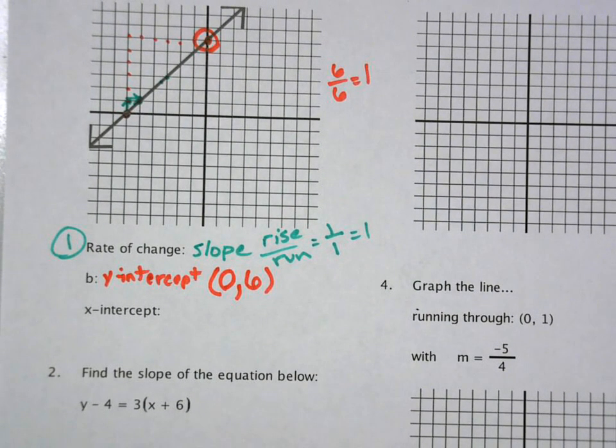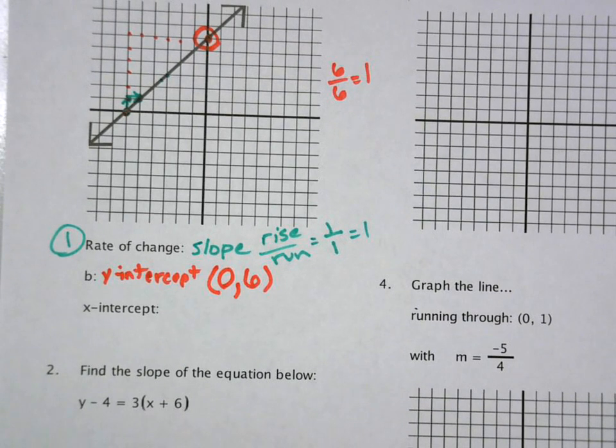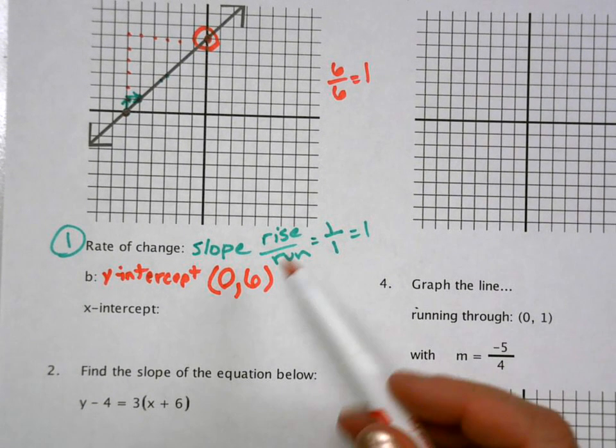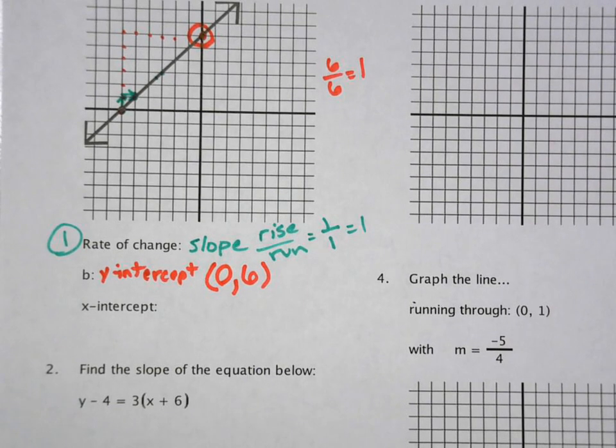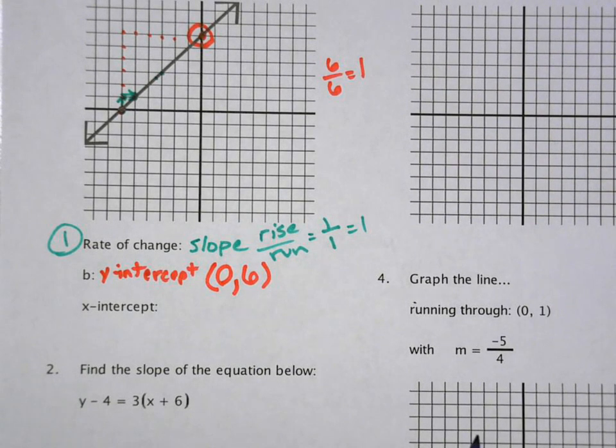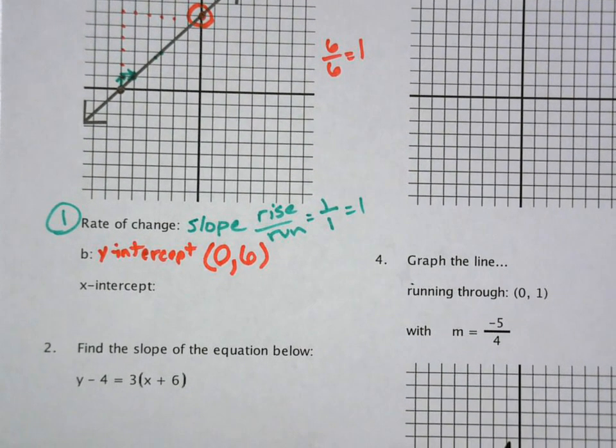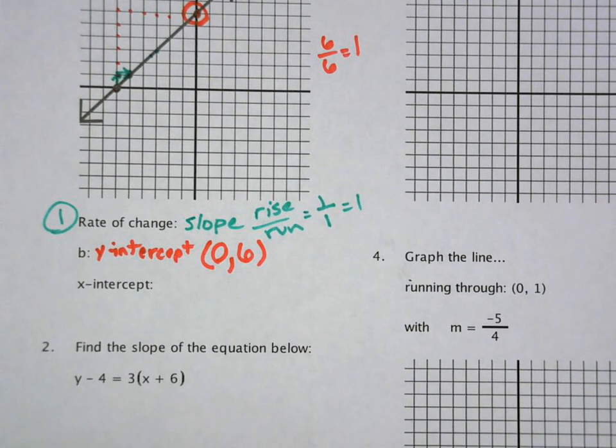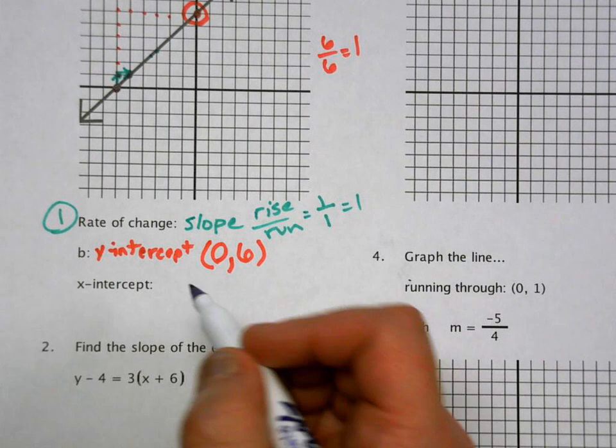Now, if it doesn't ask for it as a coordinate, what would you say your y-intercept is? 6. You would just say 6, right? So what's the next thing it's asking you for? The x-intercept. Okay. Now, what's another word for my x-intercept? 0.